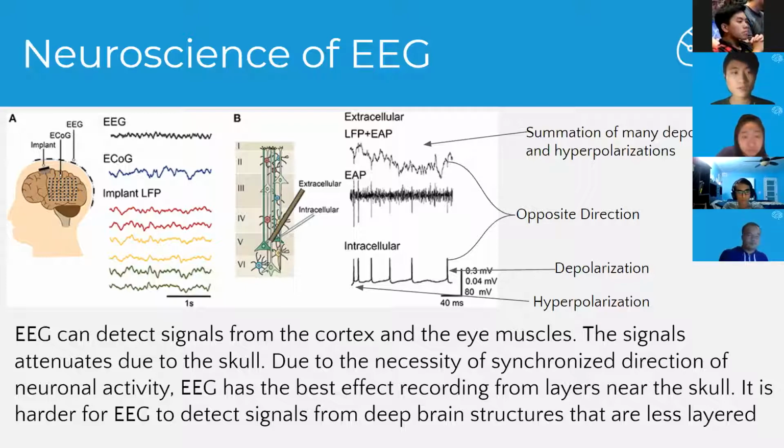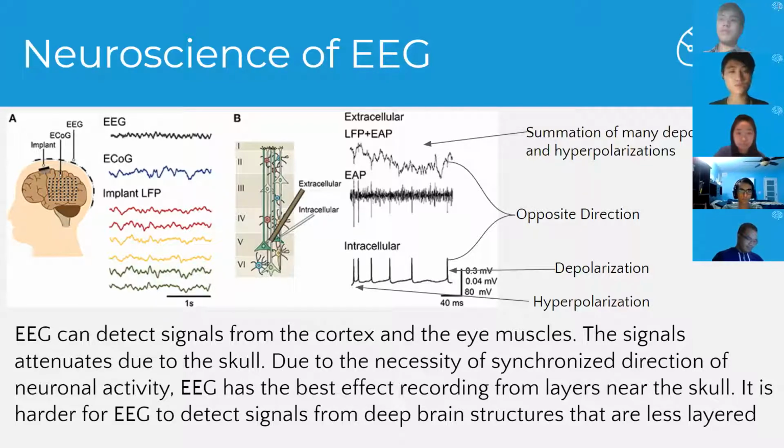Now, once we move to the EEG, interestingly, we have a lot more noise and way less signal. As you can see, it doesn't have the same amplitude as the ECoG, which is sitting inside of the skull.